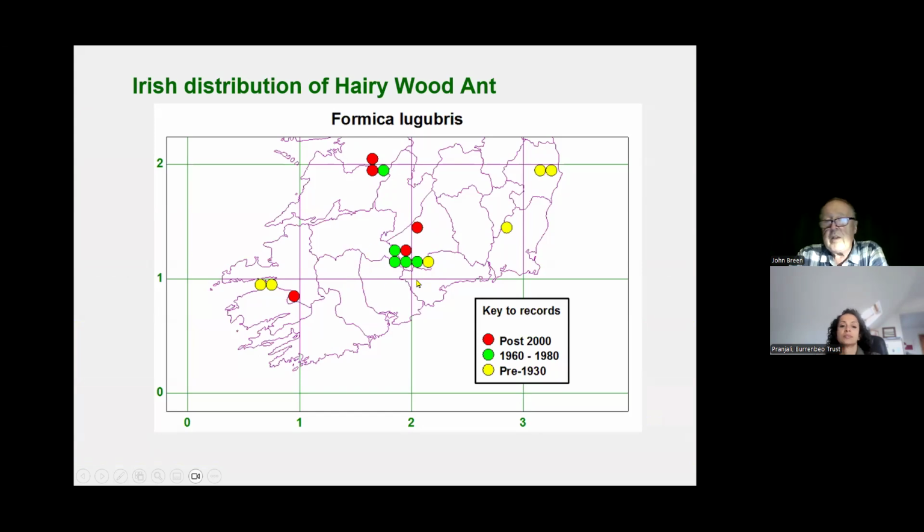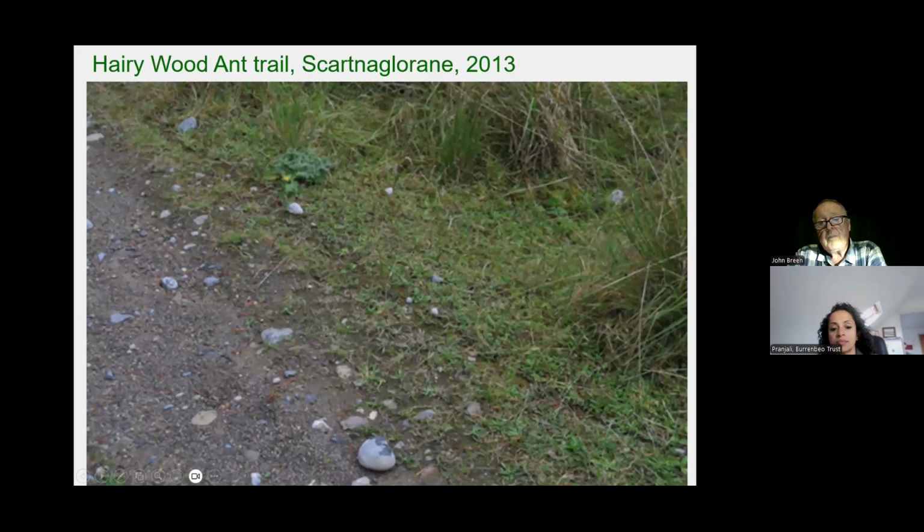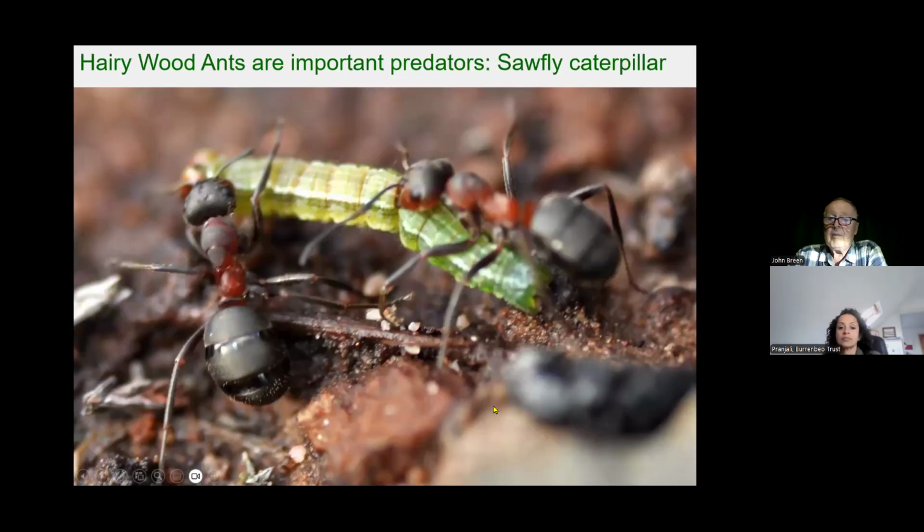But they are healthy enough in the Tipperary woodlands, and they're healthy enough in the Woodford area of County Galway. They have trails that can be up to 75 meters from the nest, and they bring back prey.